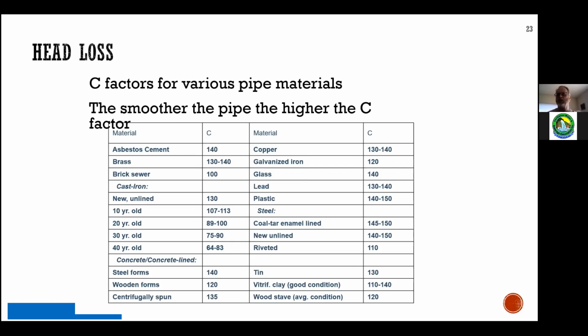A lot of times it is just age, but could be aggressive water, pH, high presence of iron bacteria in the system, especially if it's got a lot of iron or steel in the main and the pipe in the system. So we want a high C factor because then we minimize or preserve the energy in the system.